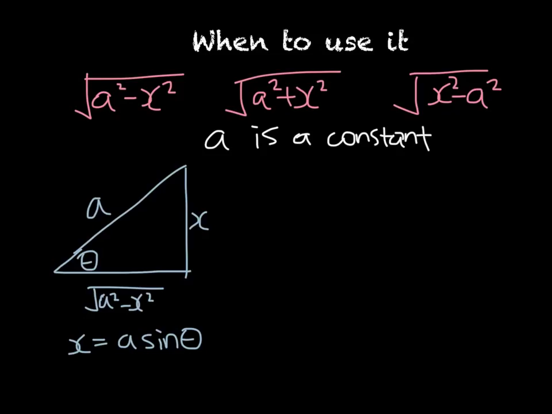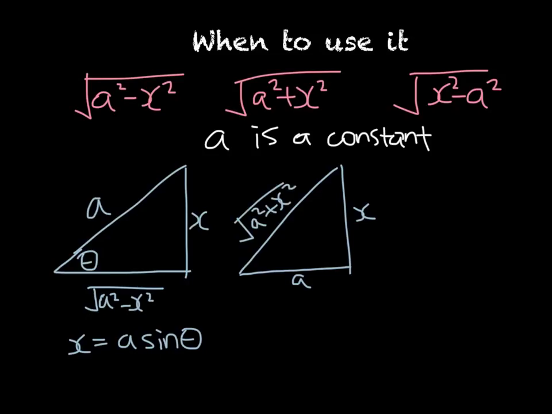In the second case, we do something similar. We'll draw a right triangle, except instead we'll have a as one of the legs, x is the other leg, and the hypotenuse will be the square root of a squared plus x squared. And then we will have that x equals a tangent theta.